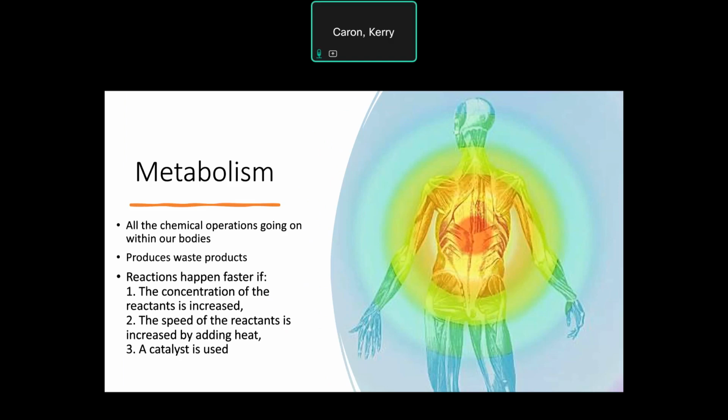So reactions in our body can happen faster if the concentration of those reactants are increased, if we add heat to speed up the reactants, or a catalyst like an enzyme is used to speed up reactions. So metabolism is essentially all the chemical operations of the body.